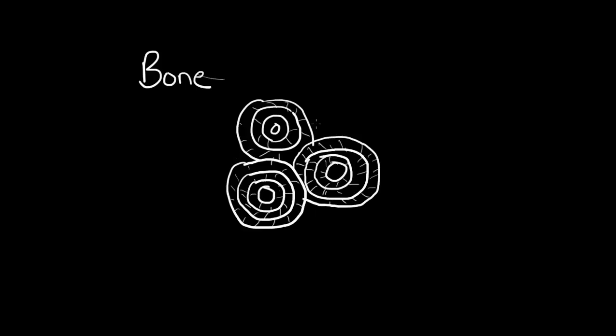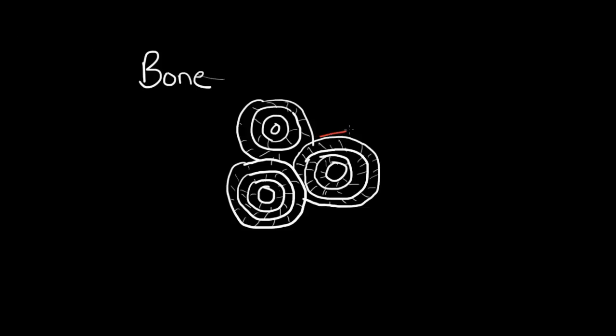Okay, now as we look at bone under the microscope, especially the dense variety of osseous tissue or compact bone, we will see a structure that looks like this. It looks like bullseyes next to one another. And so we're going to describe some of the structure of this bullseye.